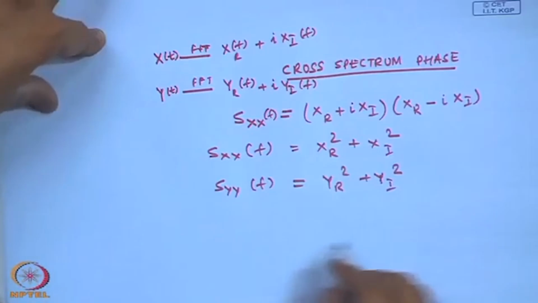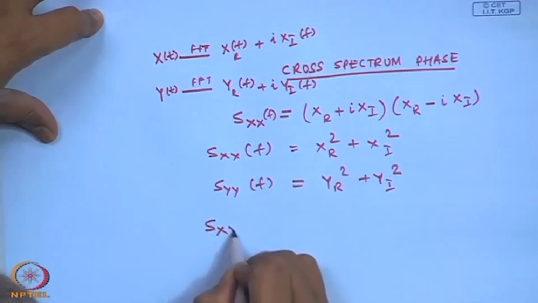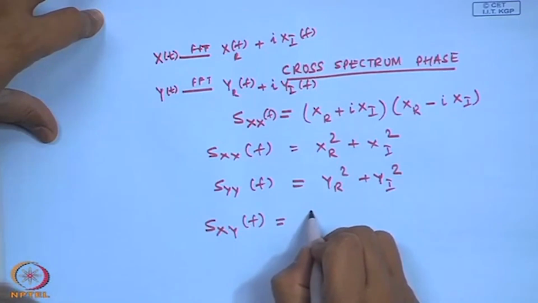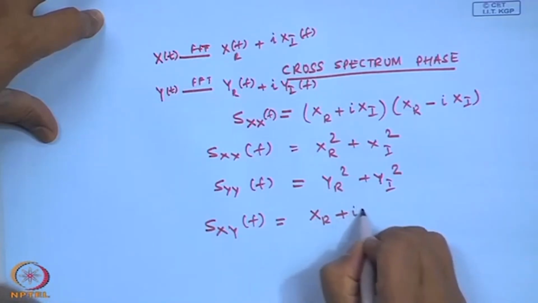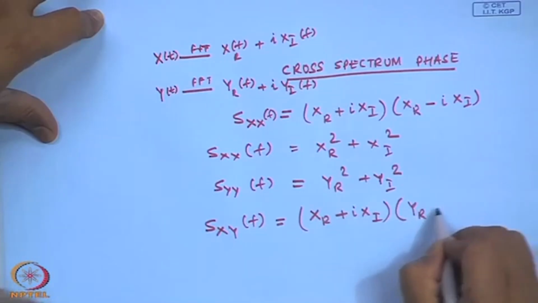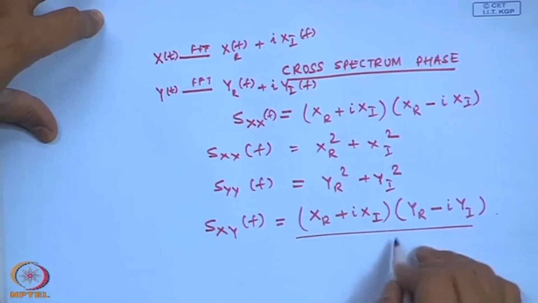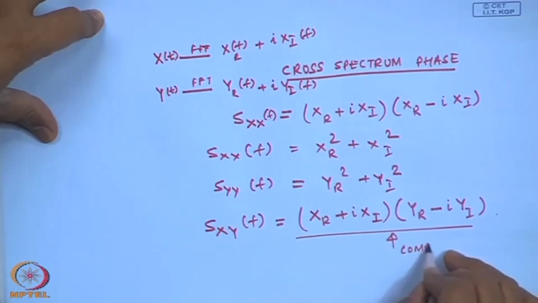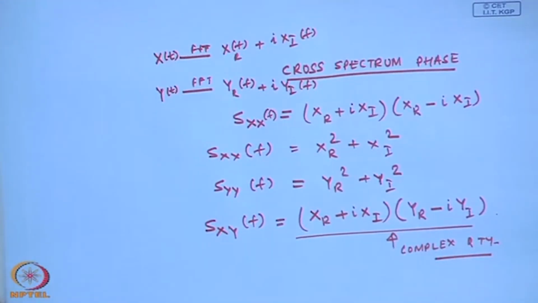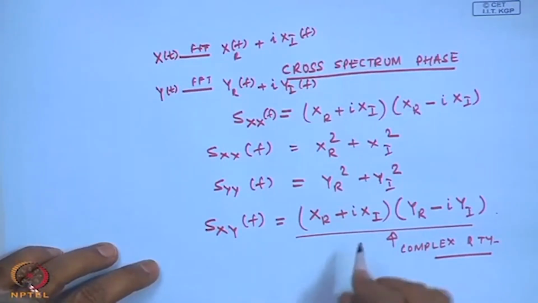But there is another component, which is known as the cross spectrum between x and y. Sxy(f) is nothing but xr plus i xi times yr minus i yi, and you will see that this is a complex quantity. I will not go into the details of this.